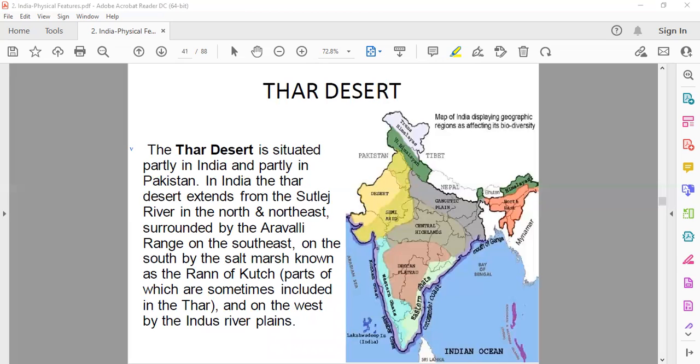The Thar Desert is situated partly in India and partly in Pakistan. In India, the Thar Desert extends from the Satluj river in the north and northeast, surrounded by the Aravalli range on the southeast, on the south by the salt marsh known as Rann of Kutch, parts of which are sometimes included in the Thar, and on the west by the Indus River plain.